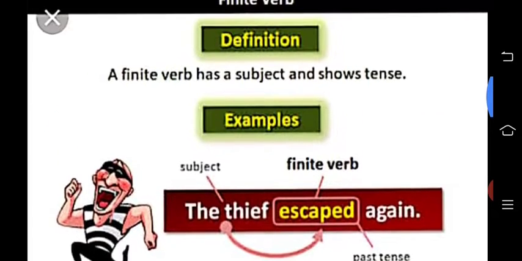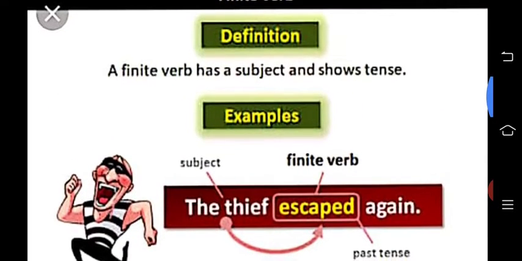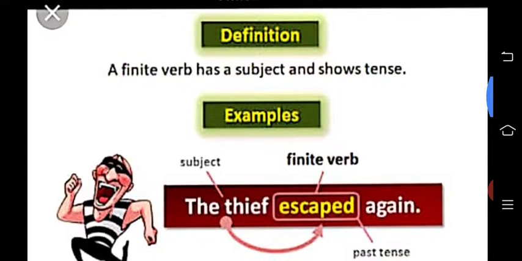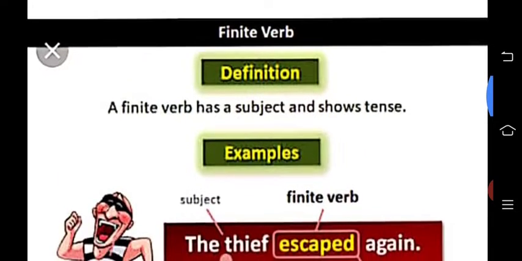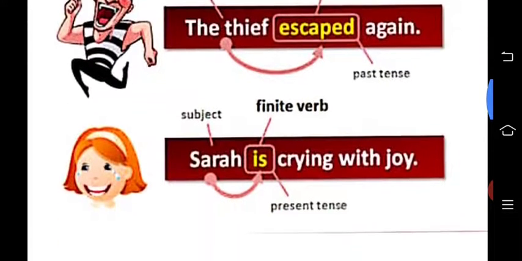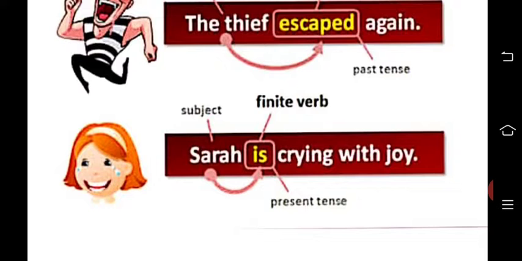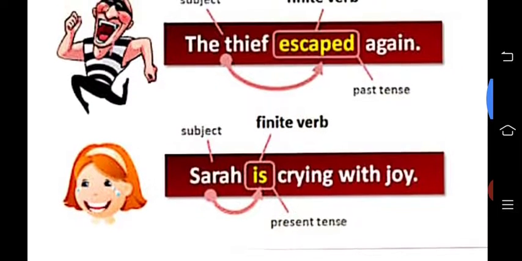Got it? So a finite verb definitely should have a subject and it shows tense. So that is finite verb. Okay, one more example. Sarah is crying with joy. So see, a finite verb should have a subject. Here the subject is Sarah.